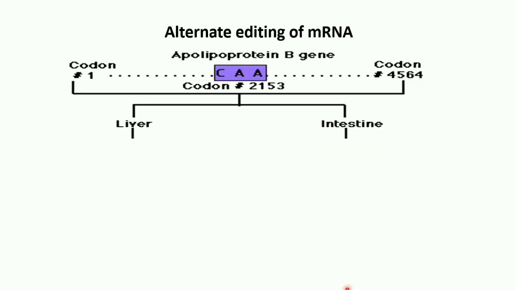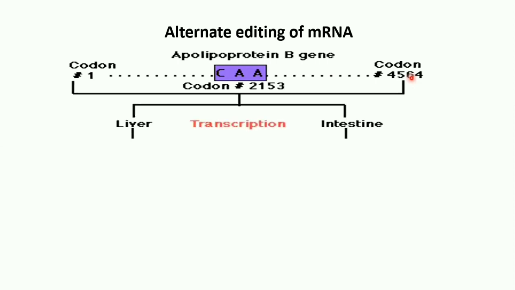Next is regulation by RNA editing. RNA editing also acts as a means of regulation of gene expression. It is through this mechanism that from the same mRNA transcript of ApoB100 gene, 2 proteins are produced.